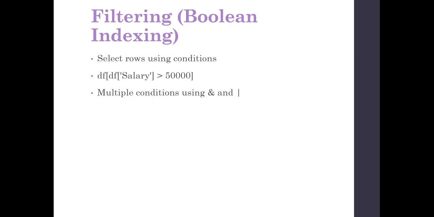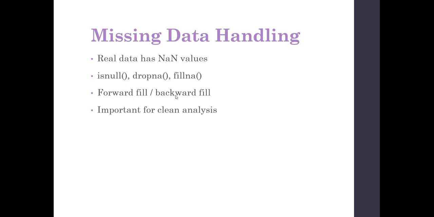Our next topic will be missing data handling. As I said, in some conditions there might be missing values. For example, if somebody is unable or not interested in revealing their gender, they just leave it empty and submit the form, which is not required. They don't want to. So when they don't fill in the gender, in that particular row the gender is nothing.